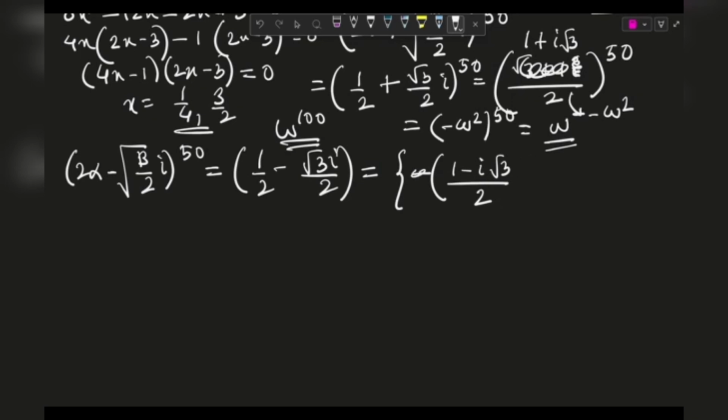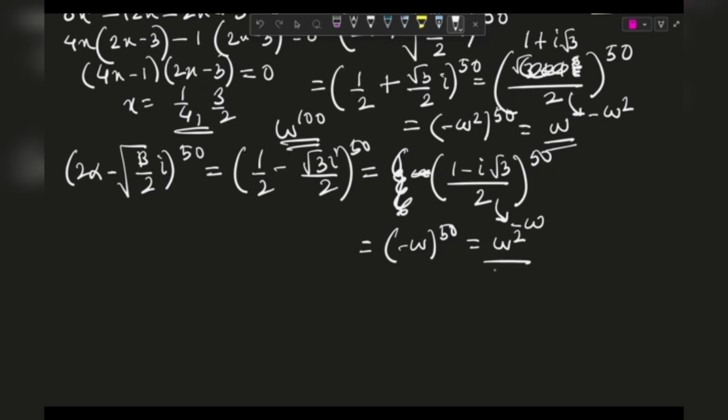Or okay, I don't need the minus actually. I thought like before we'll need the minus. We don't need minus here. It's given already 50. So this is another cube root of unity. This is actually directly minus omega. So now what we will have is minus omega power 50, which is nothing but your omega square, right?